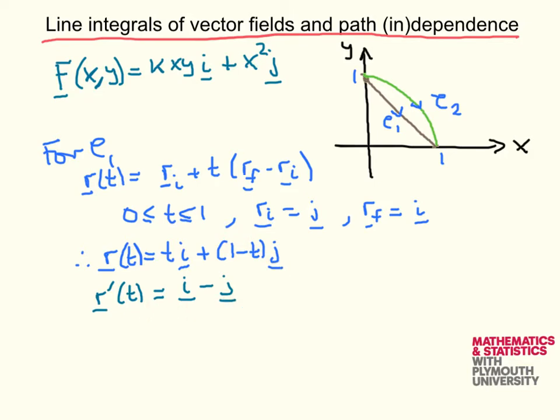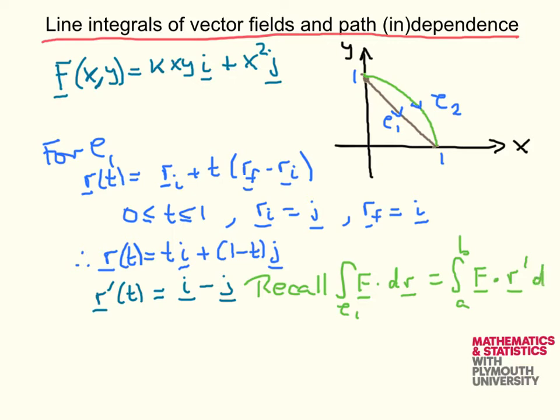So now let's recall the key formula, which is that the line integral of a vector field over some path called C1 in this case, is the integral over the parameter from its starting to its final value of f scalar product with the derivative of the position vector with respect to the parameterization, and then integrated with respect to the parameterization.